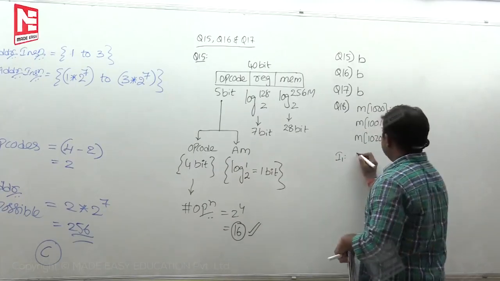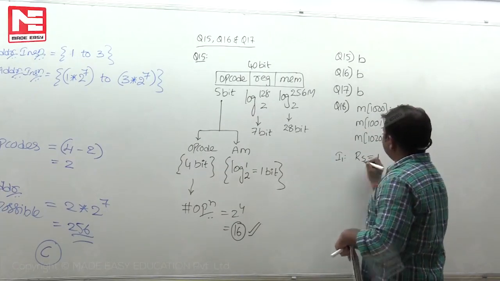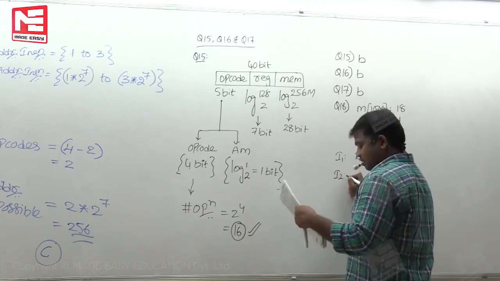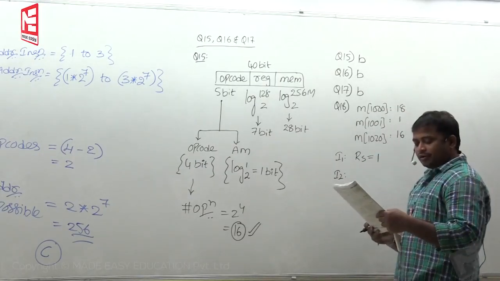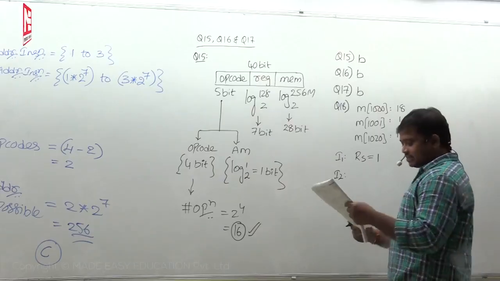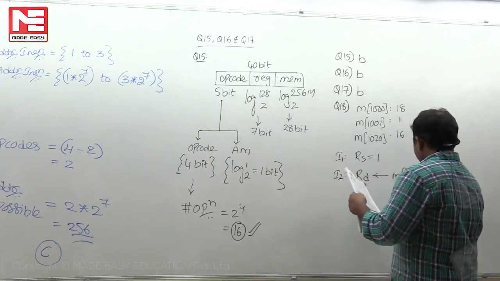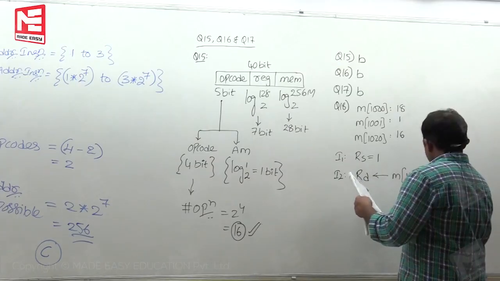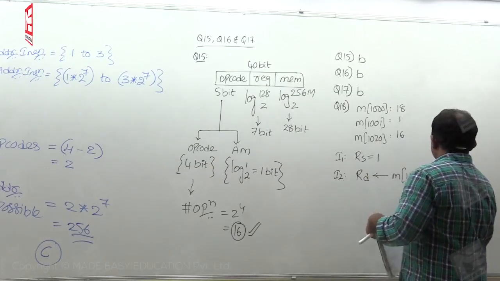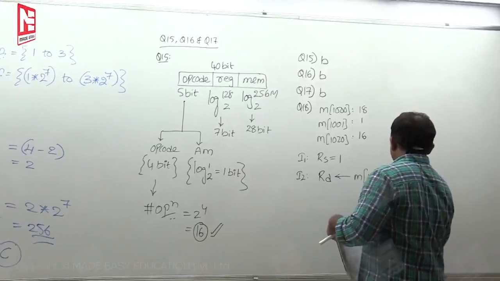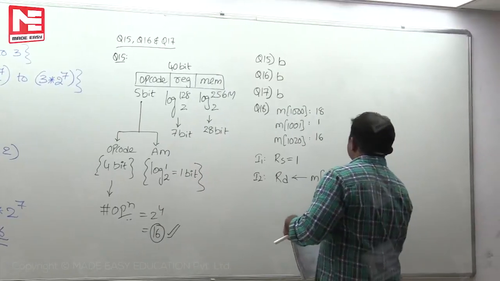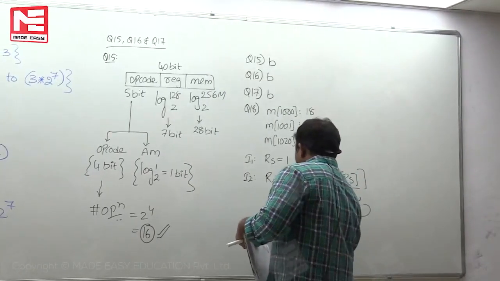Move immediate. So RS equal to 1, constant 1 moving to RS. Now I2. It is load using the index addressing mode. See this? RD loaded with memory content of 1000 plus RS. Now RS contain 1, adding with 1000, 1001. Memory content of 1001 is 1. So RD equal to 1.